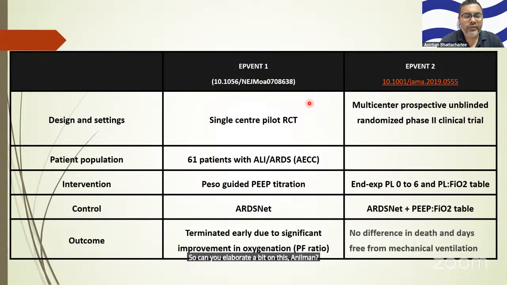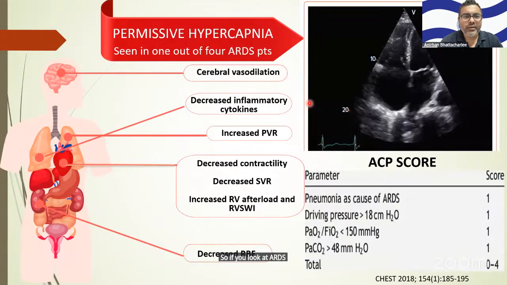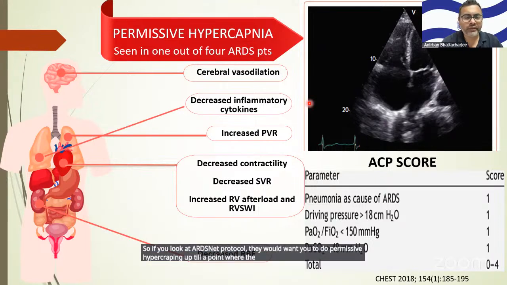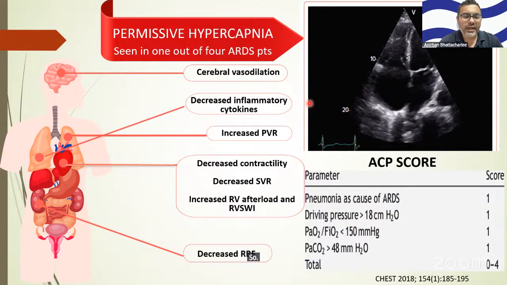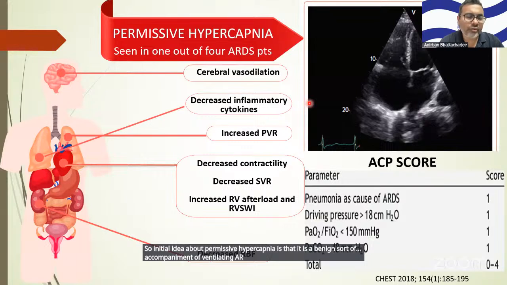So, if you look at the ARDSNet protocol, they would want you to do permissive hypercapnia up till a point where the pH is not below 7.2. So, the initial idea about permissive hypercapnia was that it is a benign sort of accompaniment of ventilating ARDS patients. However, we have lately realized that it is associated with other organ side effects as well.